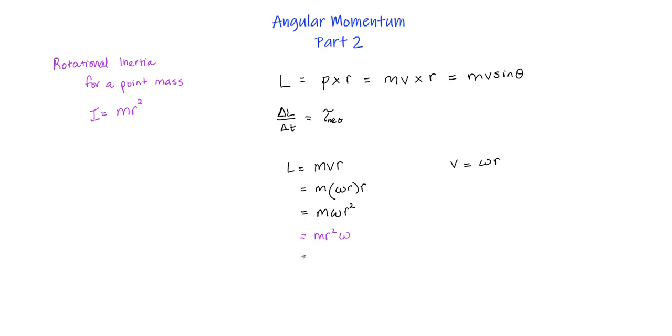So we see here that we've developed a new perspective for angular momentum, which is L is equal to I times omega. So we can see here that you can calculate the angular momentum of an object by knowing its rotational resistance, or its rotational inertia, and its angular speed. Now this is a very interesting perspective.